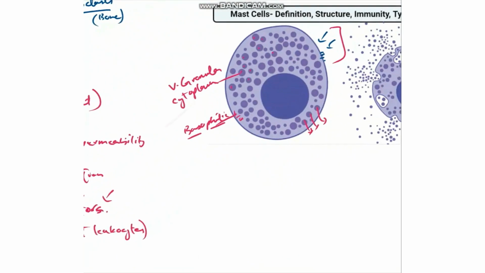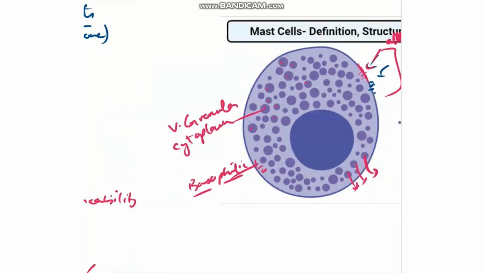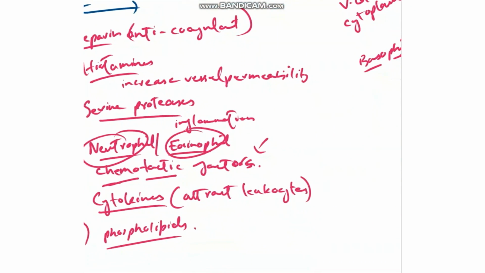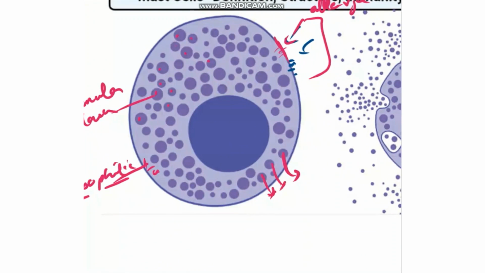All right, so basically what happens in case of an allergic reaction, as we've studied here, the allergen comes in. Let's assume this is an allergen. It comes in on the surface of the mast cell, and it is detected, and these secretions like the serine proteases and histamines and heparin and the chemotactic factors and cytokines are released, and this causes an allergic reaction.